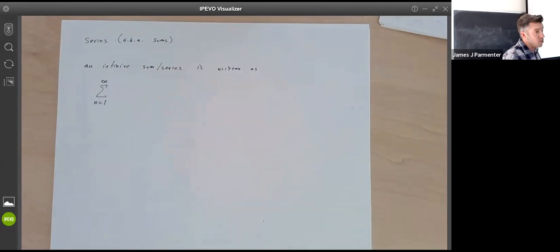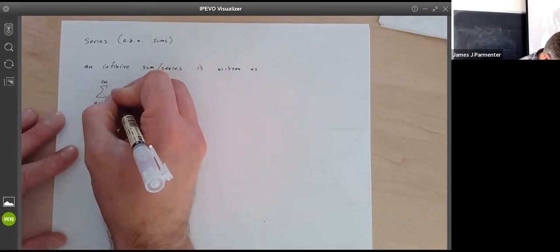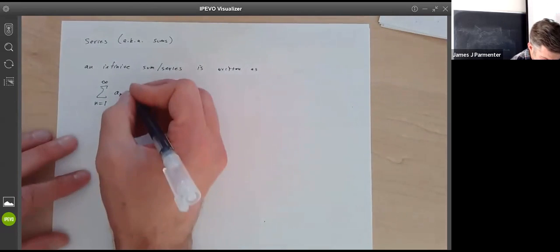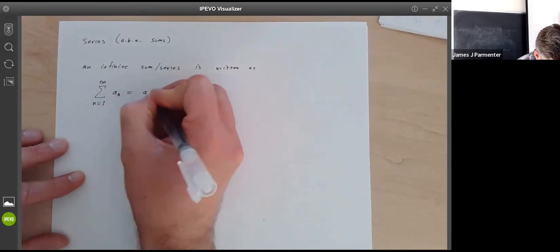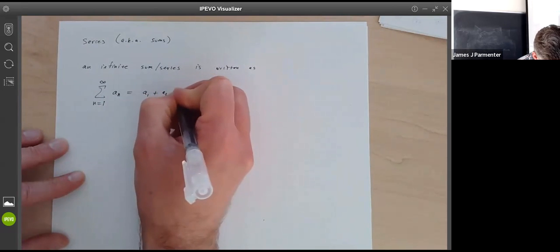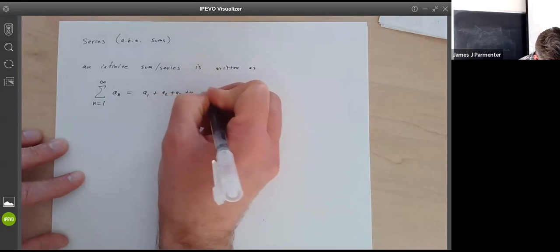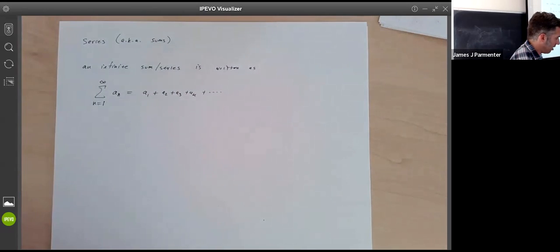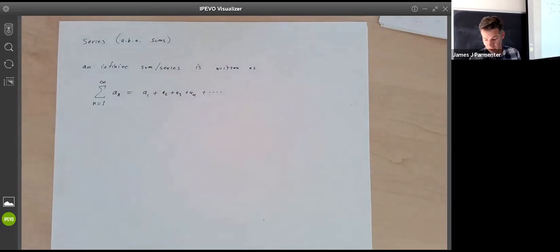You can really start anywhere you want. 0 and 1 are the usual starting places, of some sequence a sub n. And if we want, we can write it out like a1 plus a2 plus a3 plus a4, and so on and so on. And often the question we're going to ask about a series is, does it converge or does it diverge?